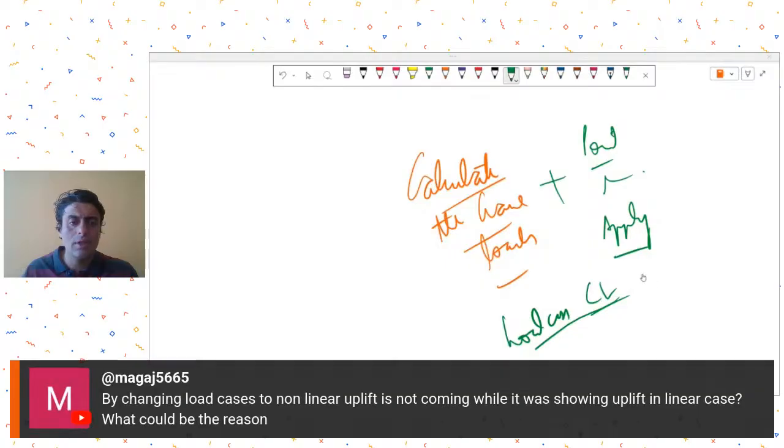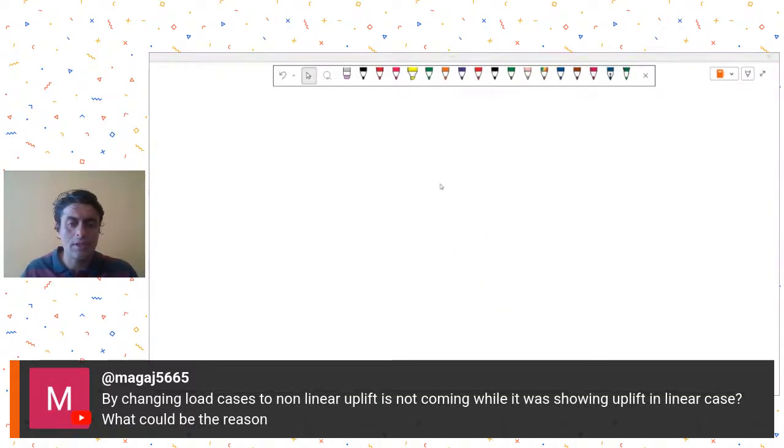Then the next query is from engineer Magaj. By changing the load cases to non-linear, uplift is not coming, while it is showing uplift in the linear case. What could be the reason?